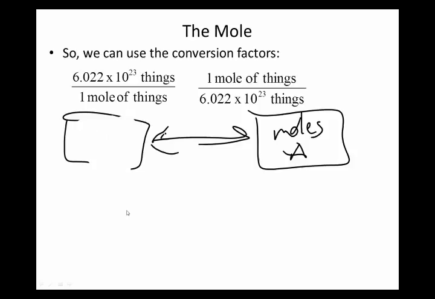Sorry, not mass. That's the next one. We'll do that one in a minute. Particles of A. So it allows you to convert between moles of A and particles of A.